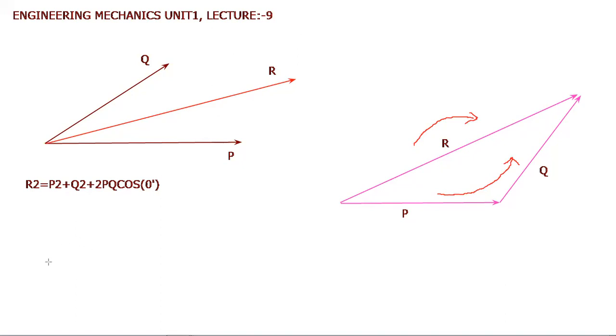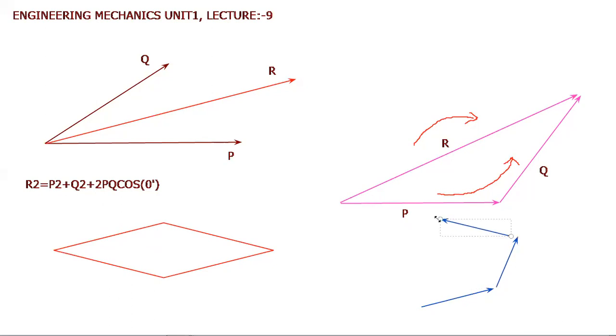And what is this law? This law is nothing but the law of parallelogram. Now there is also one more law, and that law is the law of polygon. So what is the law of polygon? If n number of forces are there, this is one force, this is the second force, this is the third force, this is the fourth force, and this one is the fifth force.